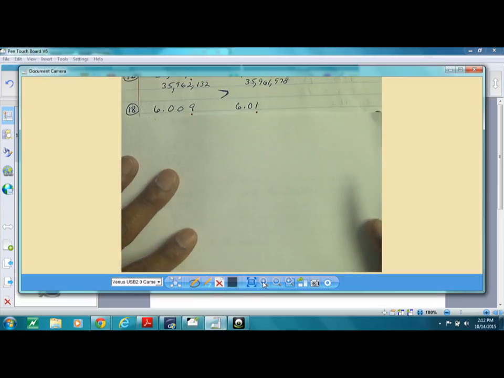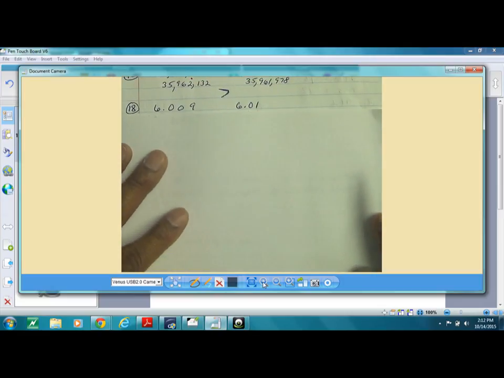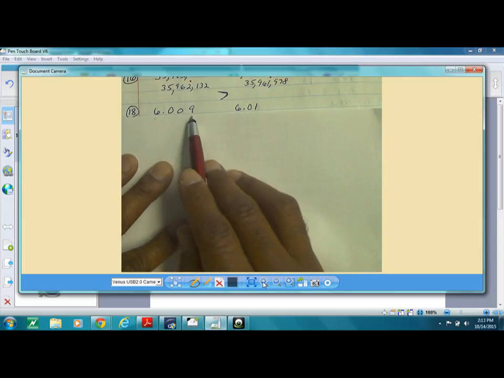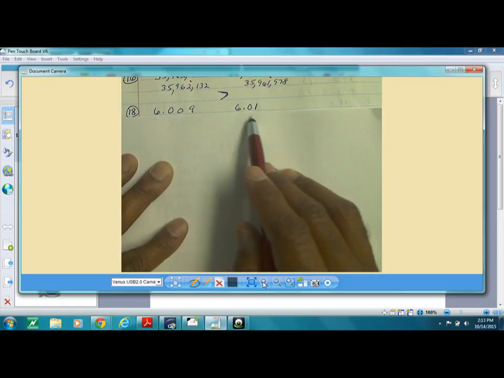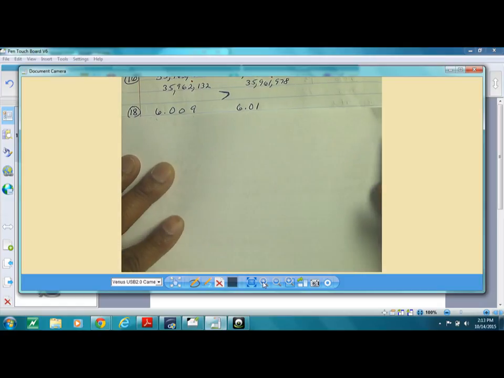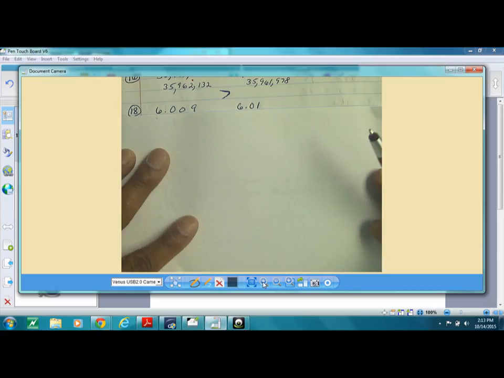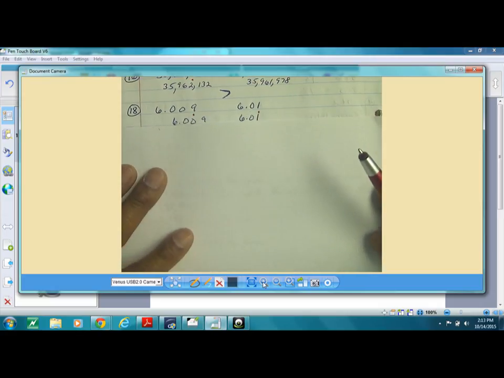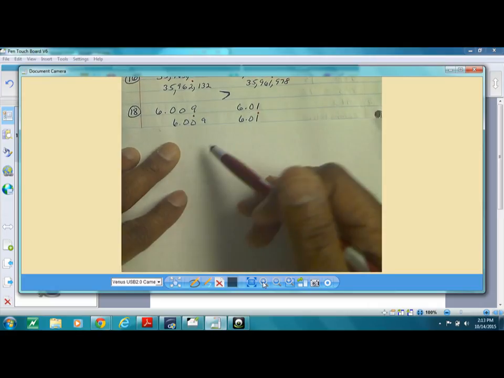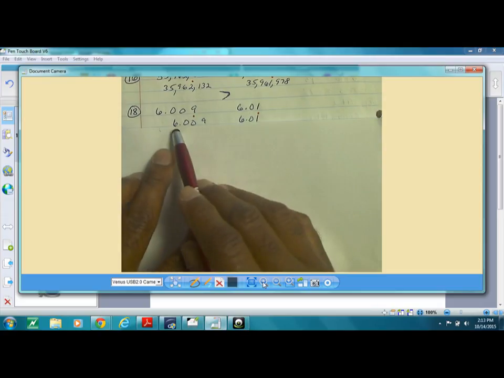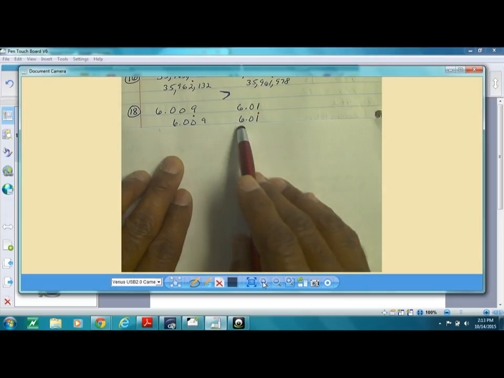We're going to look at 18, and they want us to compare these numbers as well. 6 and 9 thousandths, 6 and 1 hundredth. Which one is more? Okay, if you look, they have the same whole number, 6.